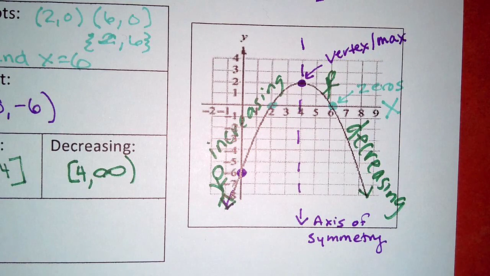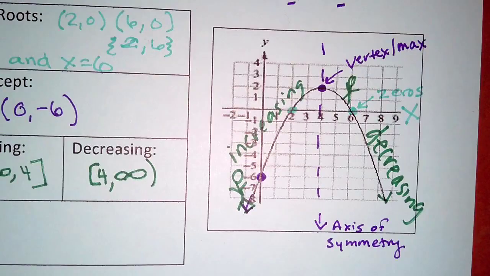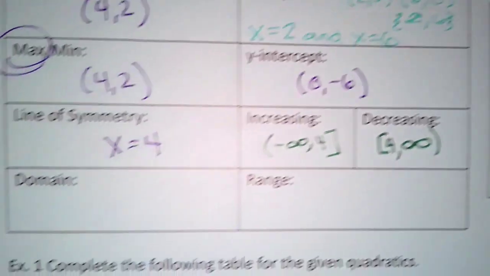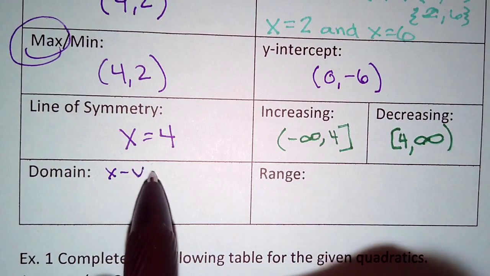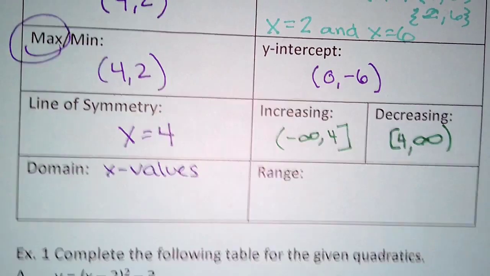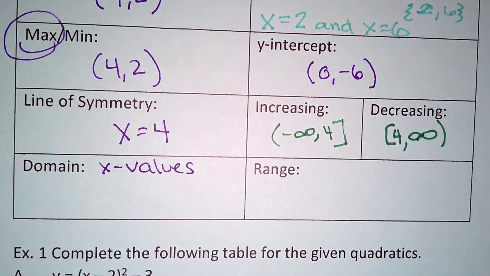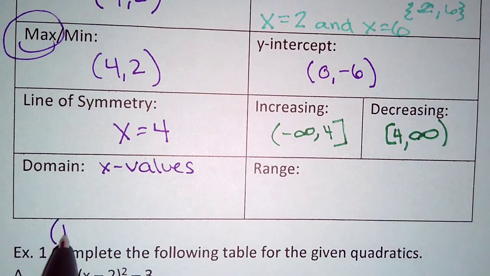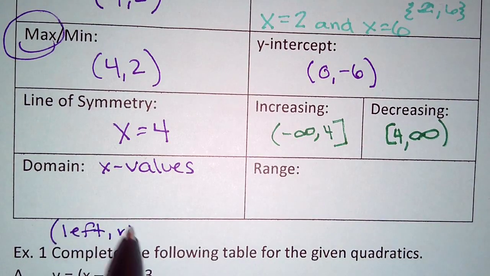So let's look at domain and range. We have to remember that domain is talking about all of our x values. So let's write that, x values. So what x values are we looking at? We're looking left to right.